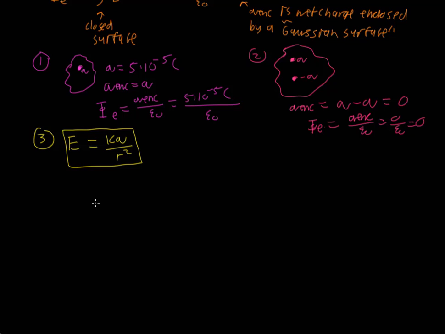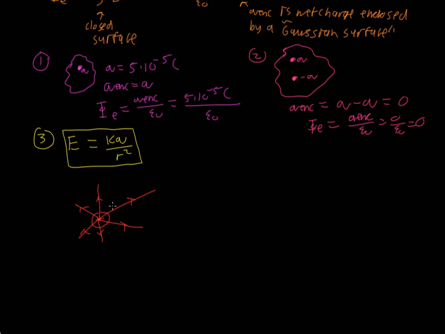So let's imagine we have some positive point charge, and it's got all these electric field lines leaving it, radially outward in all directions. So I don't want to be too sloppy here. So something like this. Now I want to use Gauss's law. So we have to pick a Gaussian surface that exploits the symmetry of the charge source, which in this case is just a positive point charge.